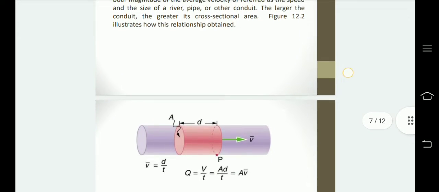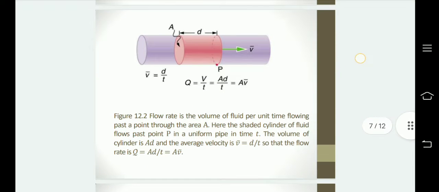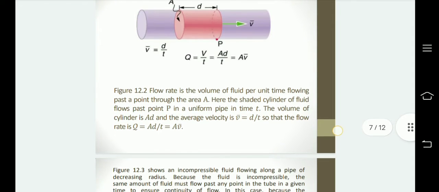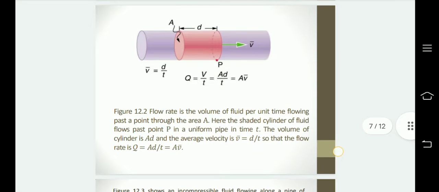Figure 12.2 illustrates how this relationship is obtained. This is Figure 12.2. It shows that flow rate is the volume of fluid per unit time flowing past a point through the area A. Here, the shaded cylinder of fluid flows past point P in a uniform pipe in time t.